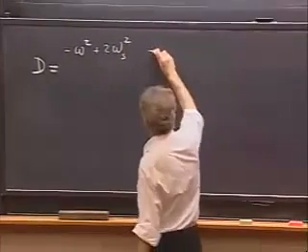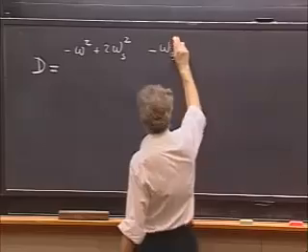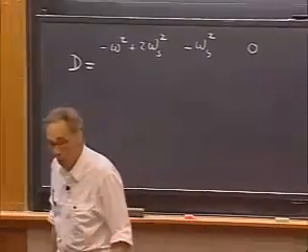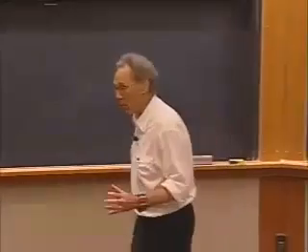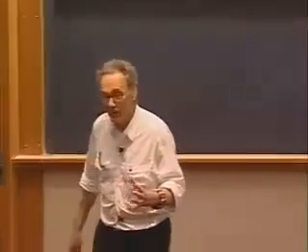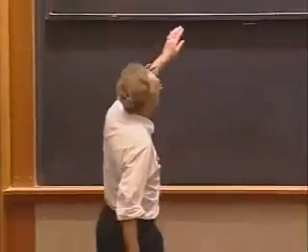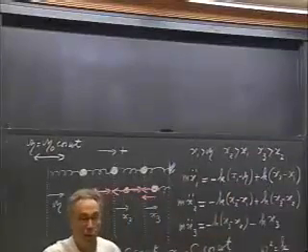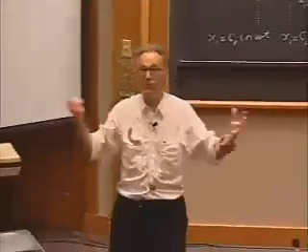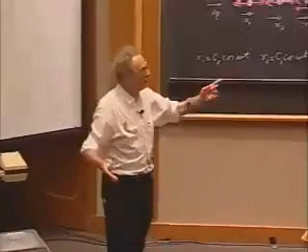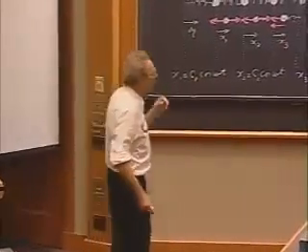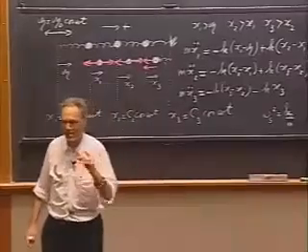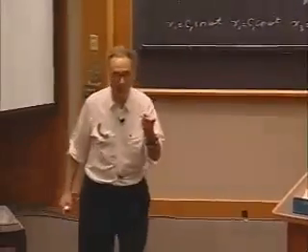Then you get in the second column minus omega s squared. And in the third column you get a 0. No surprise that you get a 0 in the third column, because the first differential equation has no connection with x3 at all. But if you look at the second differential equation, that has an x1, an x2, and an x3 in it.